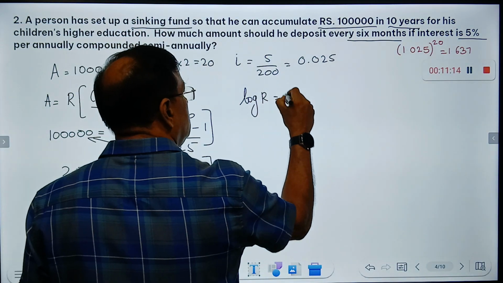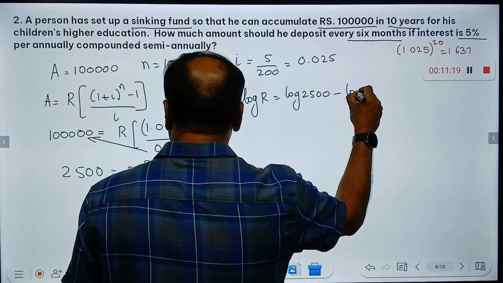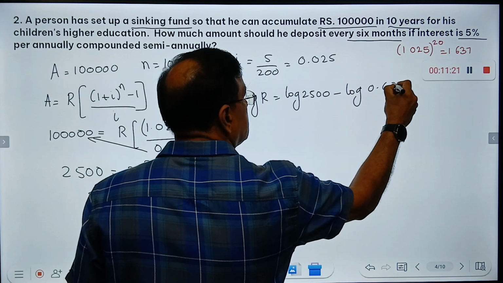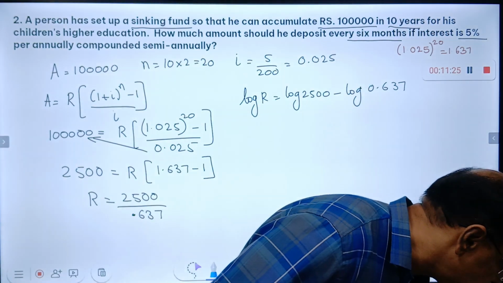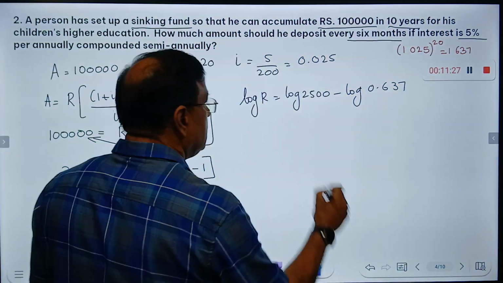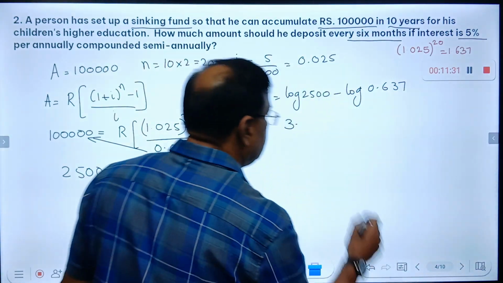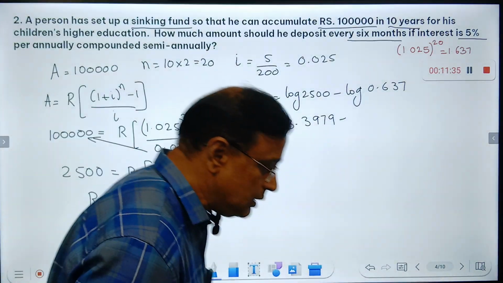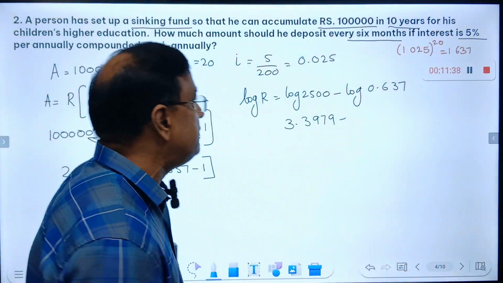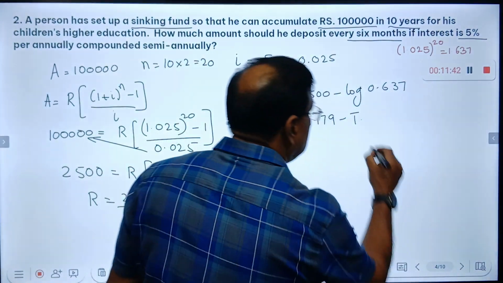Log R equals log of 2500 minus log of 0.637. Now what is log of 2500? Log of 2500 is 3.3979 minus, what is log of 637? Bar 1 point, it will be 8041.